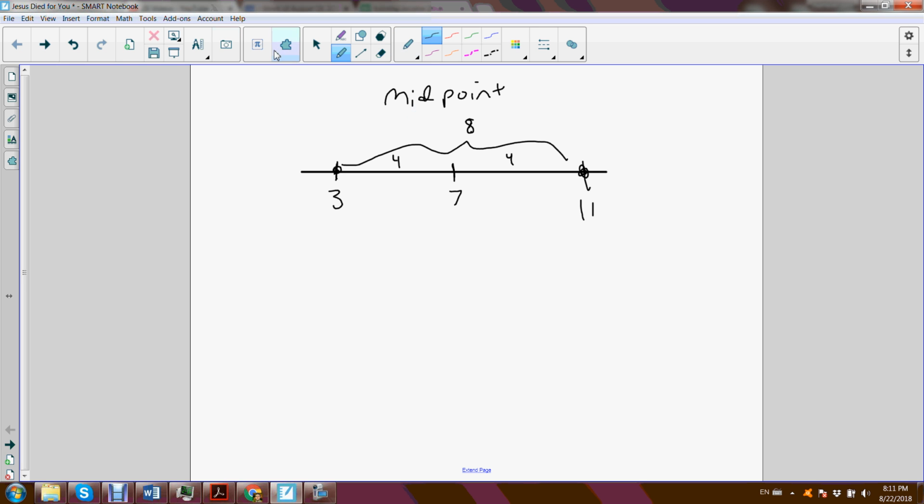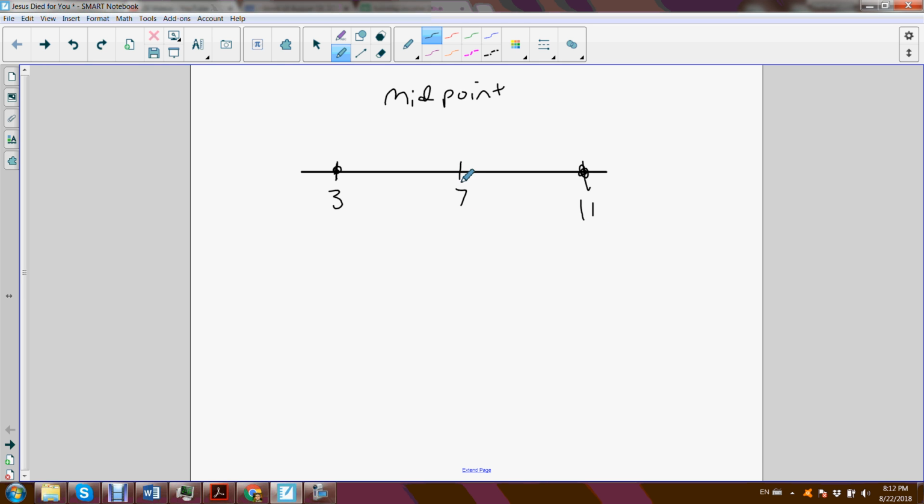Okay, now let's suppose we wanted to look at another approach. Where is the middle? Well, remember how we figured out already that it was 7? Well, what is 7? Isn't 7 the average of 3 and 11?